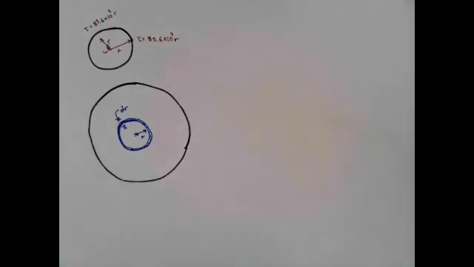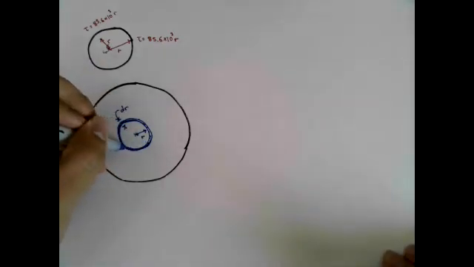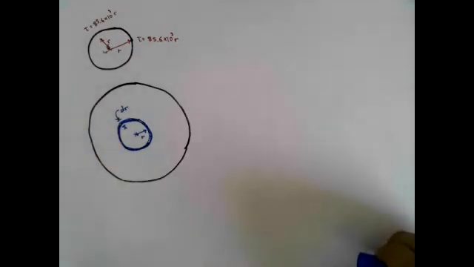So if my tiny element has a thickness of dr, then we should be able to find the area of this element. How do you think you can find the area of this element?